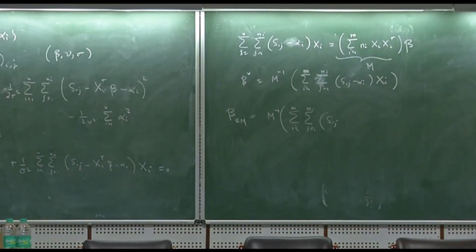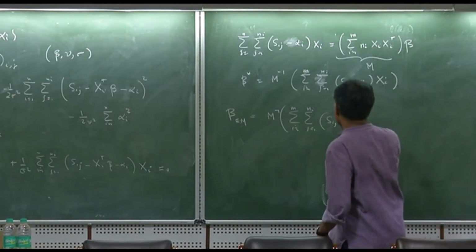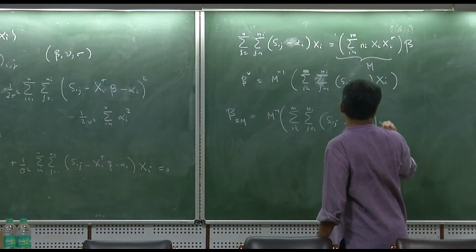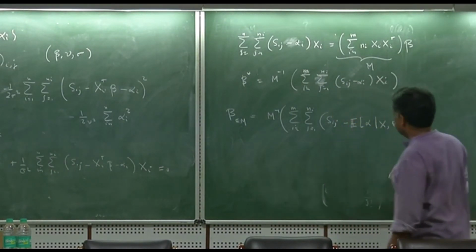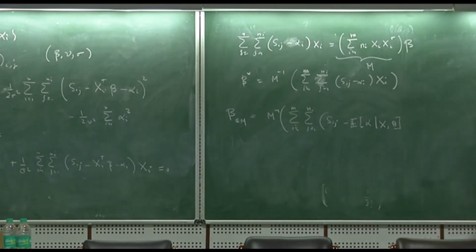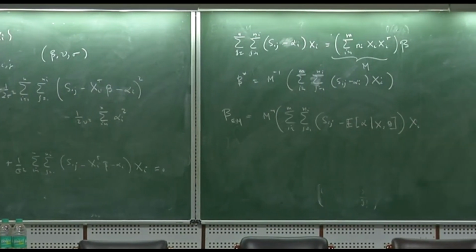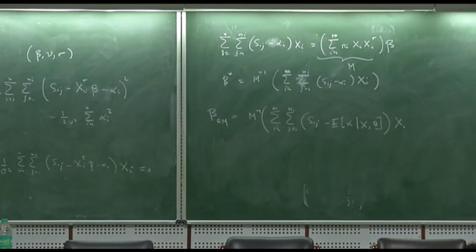Instead I'm just going to put the expected value of alpha given the data and given the parameters, times x_i. That's the EM estimate. When I don't know what something is, I just take its expectation.